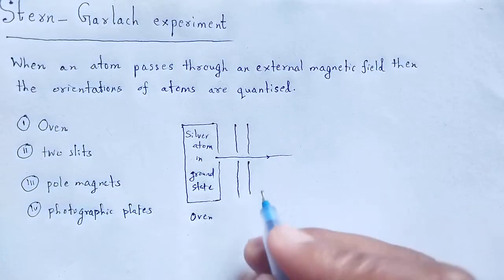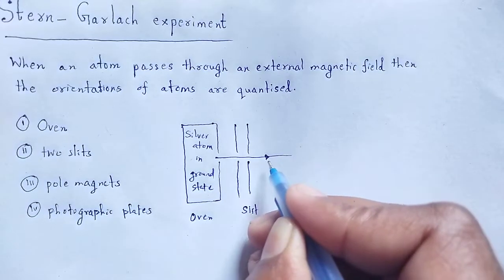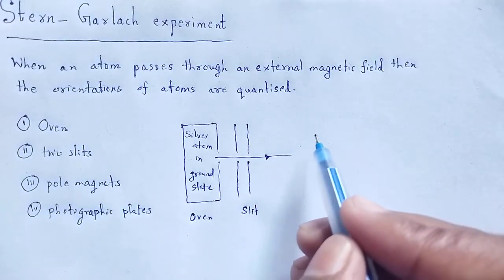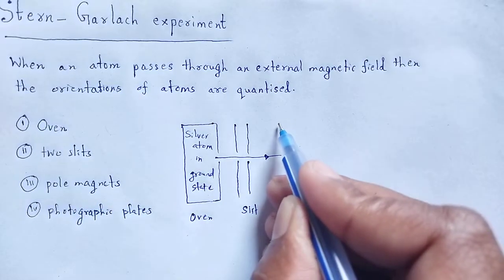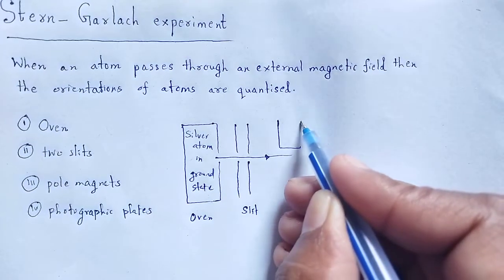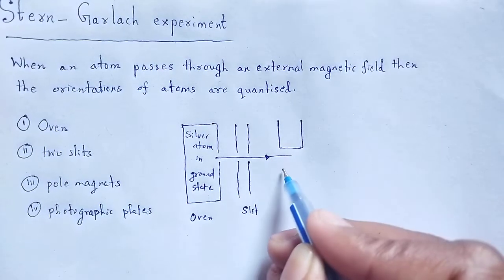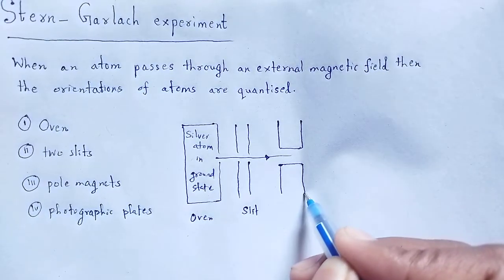These are the slits, and we take two pole magnets specially designed to produce a non-uniform magnetic field.